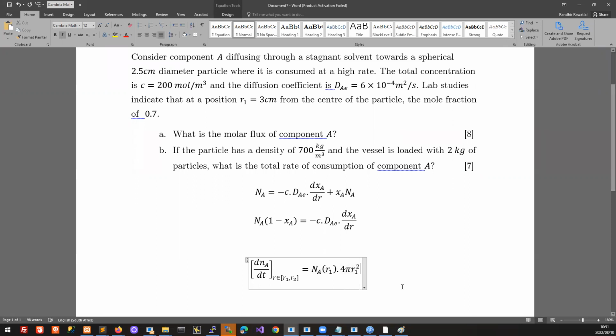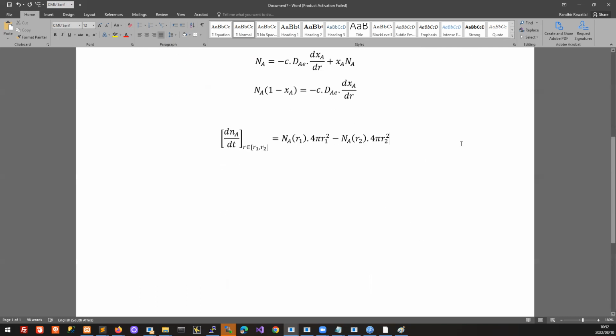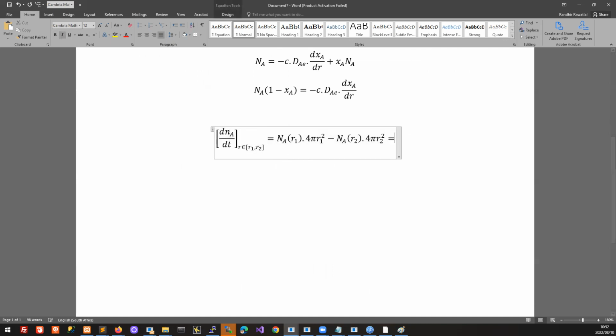And then leaving that space, we have a flux on the outer face. So that's R2, the molar flux at R2 times 4 pi R2 squared. And we know this is all steady, it's not changing with time, so this is equal to 0.